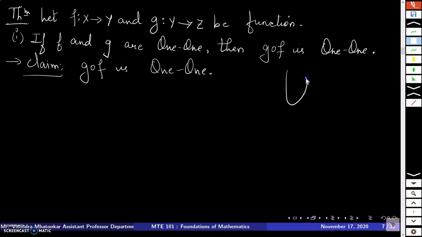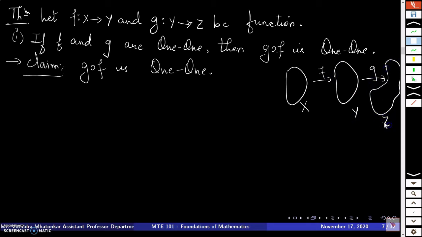So supposing this is f from the set x to the set y, and let's say I have g here from the set y to the set z. I want to show that G composite f, which is a map from x to z, is 1-1, right?